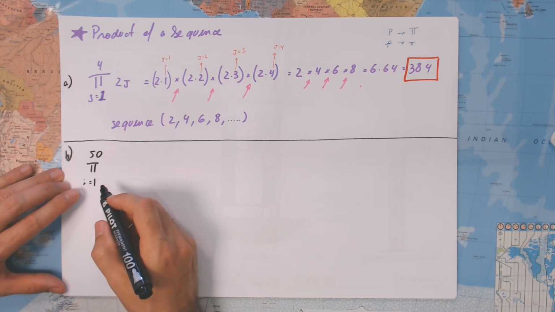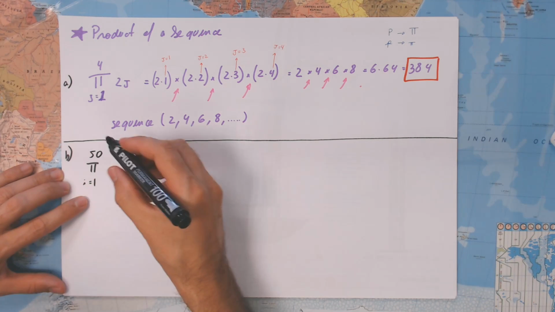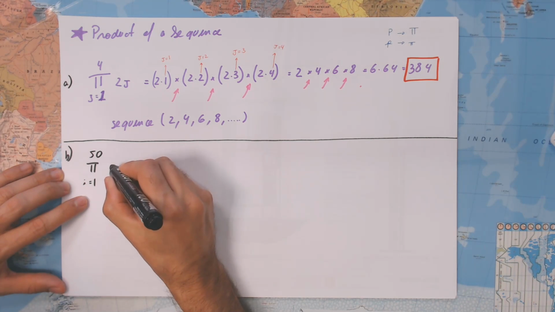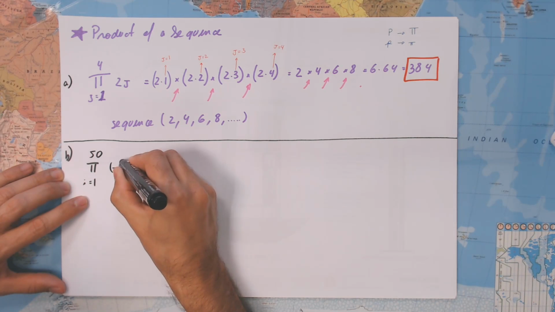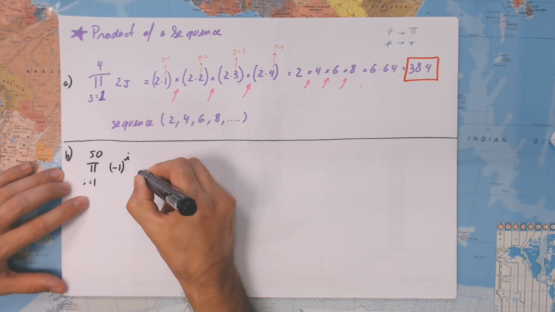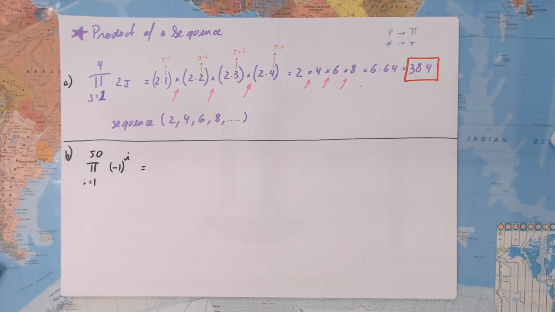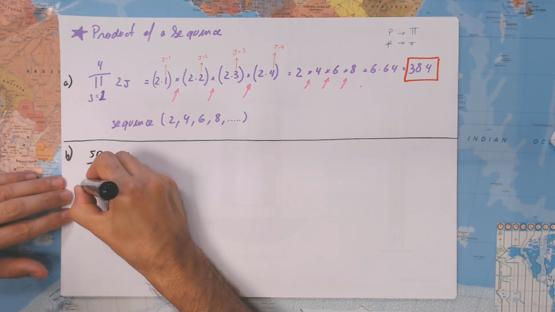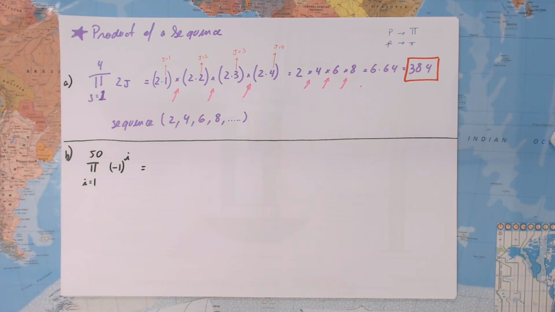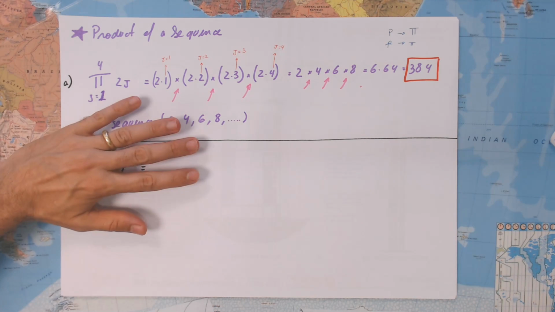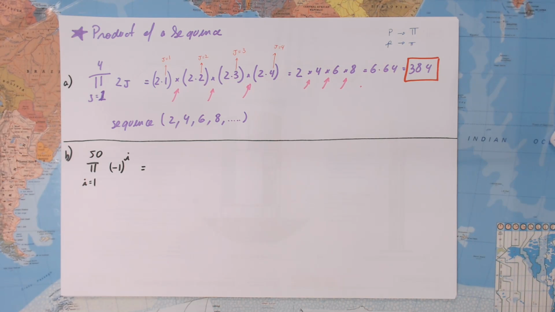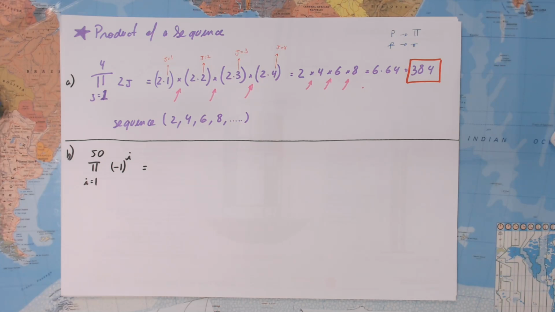I just use Y, I could use J, whatever. So it's going to be, let's say, minus 1 to Y. Let's think, okay, a little bit different. Look at this one, pause the video and think for a minute or two. Okay? Did you think? Okay, let's do it.